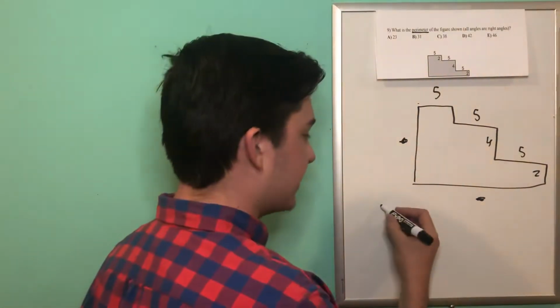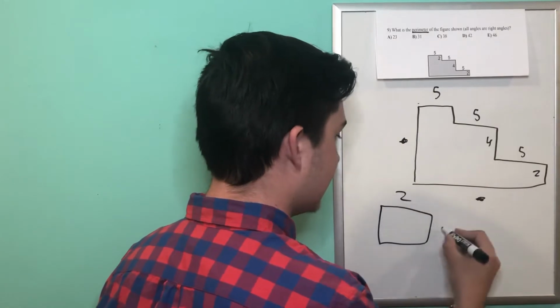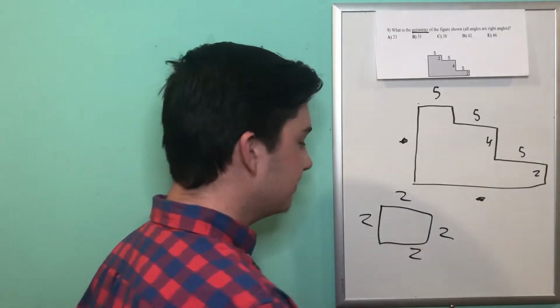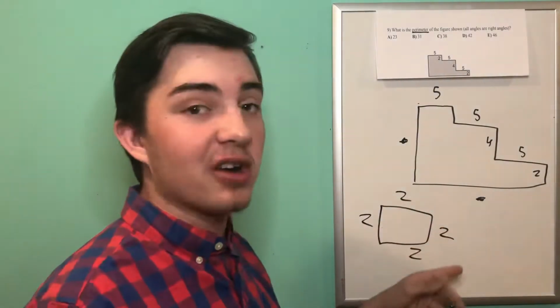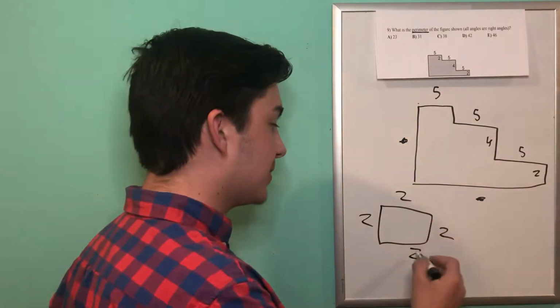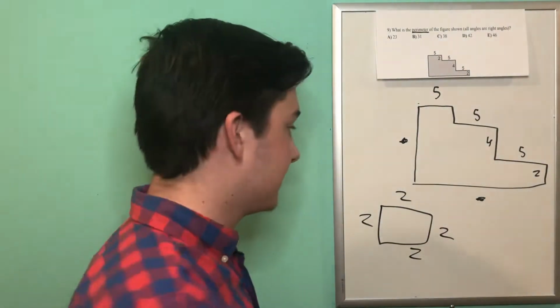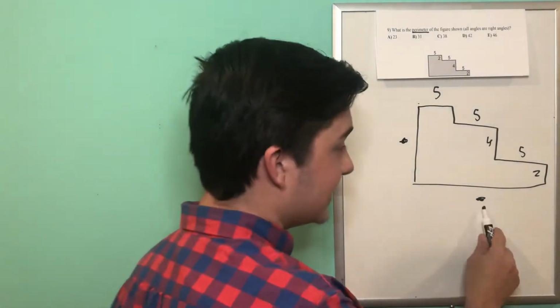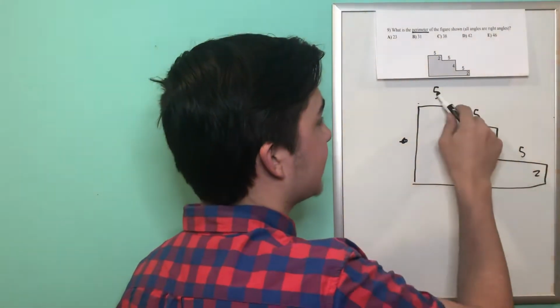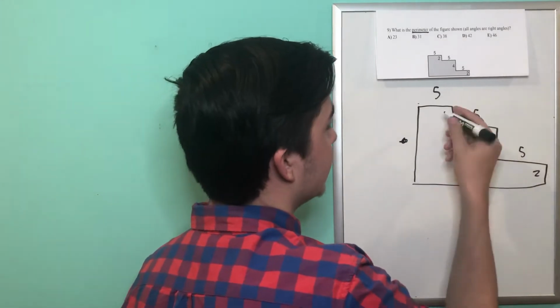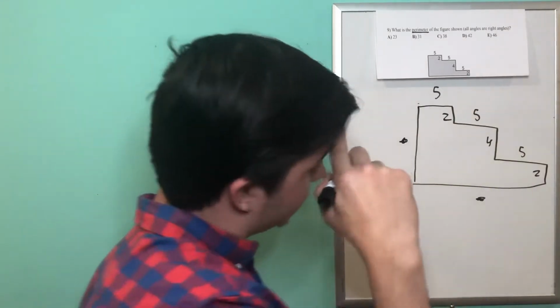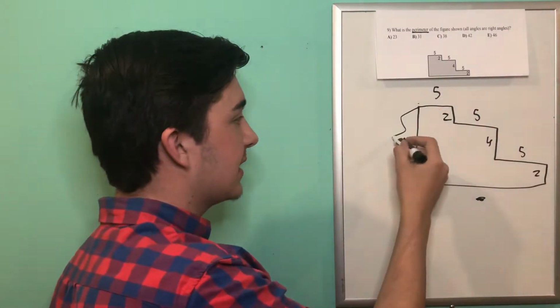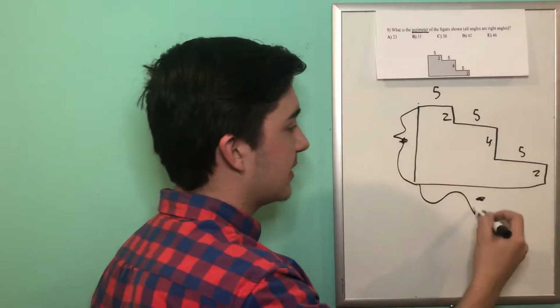So for example, if I have a square like this, the perimeter is what I get when I add all of them together. So 2 plus 2 plus 2 plus 2, that's 8. So here, the perimeter will be when I add this, plus this, plus this, plus this, plus this, plus this, plus this, plus this, right? So that means we need to find this side and this side.